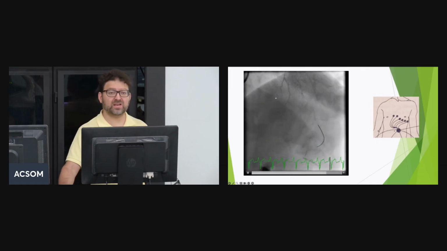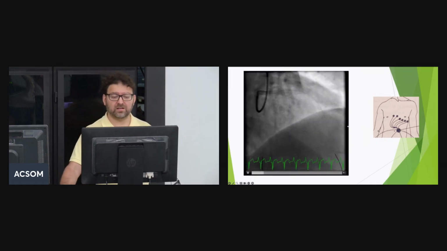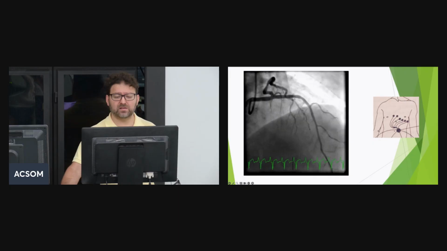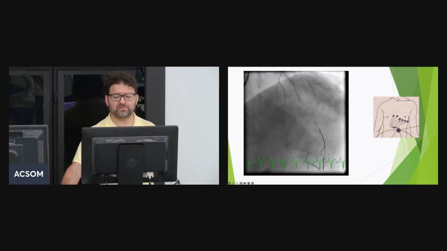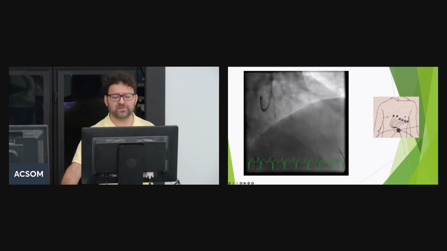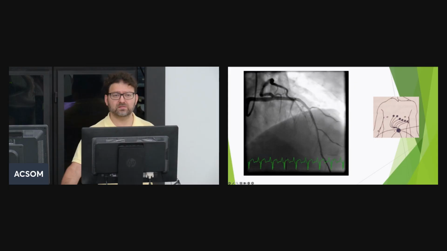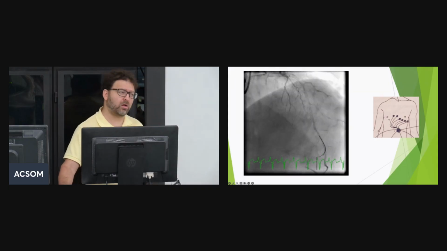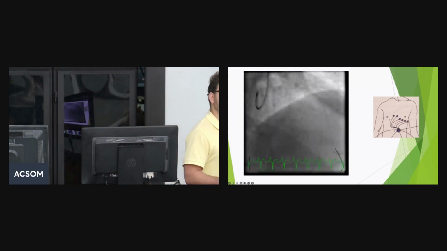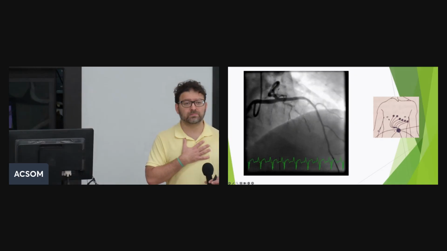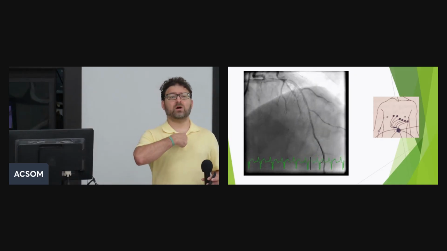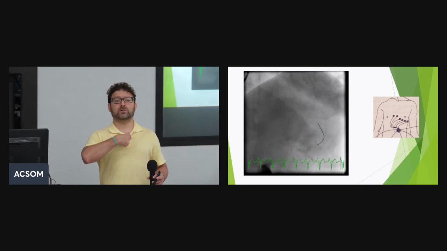When I'm talking about the anatomy of the LAD, look, here's a patient's chest. V1, V2, V3, V4, V5, V6. We call these leads the precordium leads because they're on the precordium. V1 and V2 are anterior.